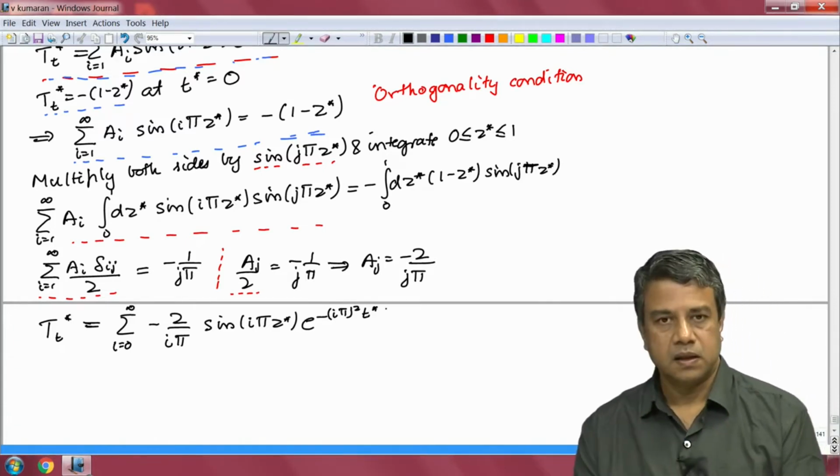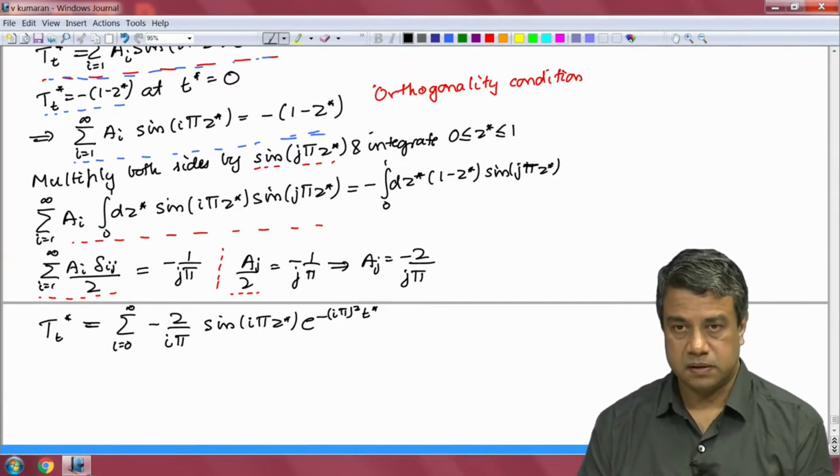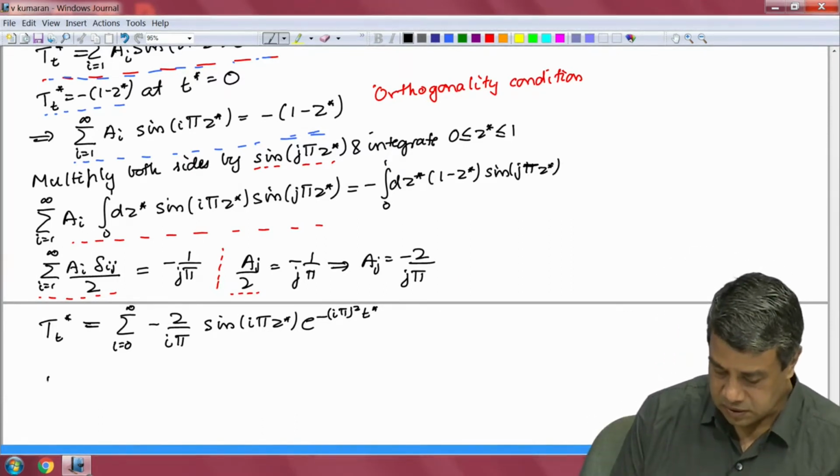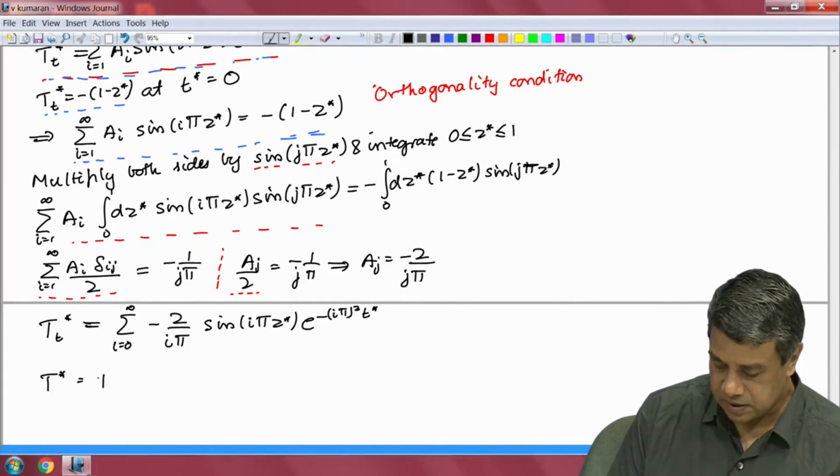Okay. That is the transient part. And therefore, the total solution is the sum of the steady plus the transient.